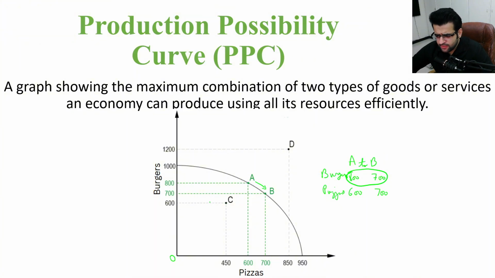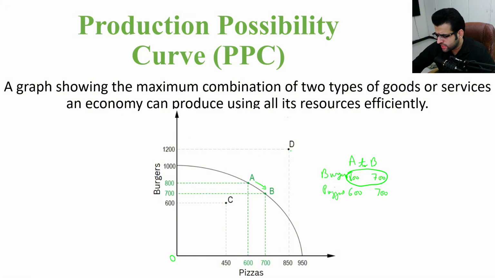At point C, I'm producing very less. I'm producing under the capacity. So we can say that this is underutilization of resources, or my resources are idle. This could be because of unemployment in the country or not using the machinery completely.